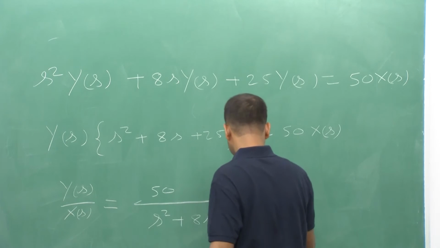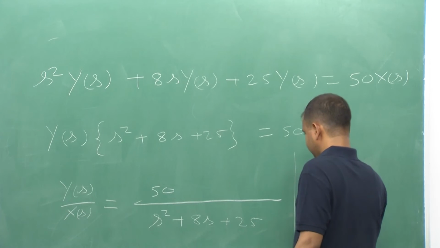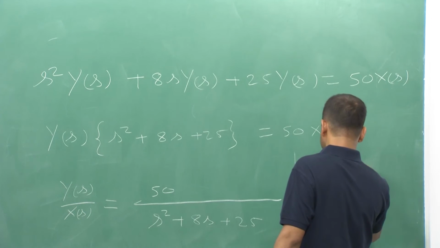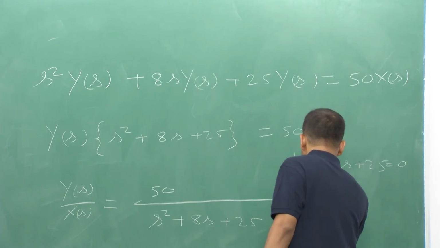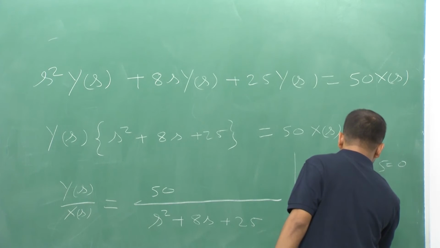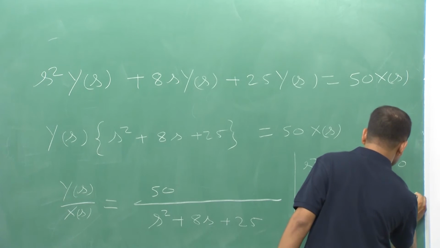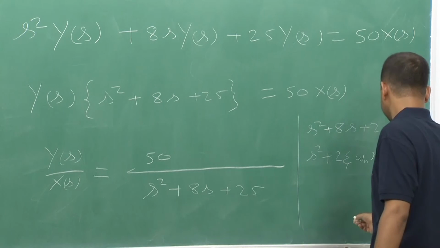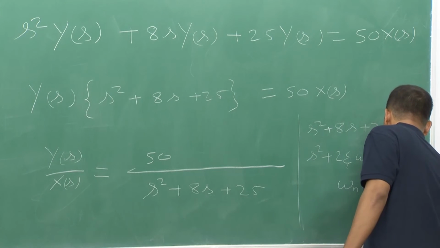I can write from here the characteristic equation s square plus 8s plus 25 is equal to 0, and now if I compare with the standard equation s square plus 2 zeta omega n s plus omega n square is equal to 0, then if I compare these two equations, I can find omega n square is 25, so omega n is equal to 5.